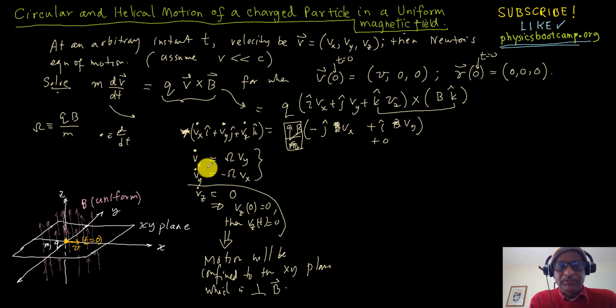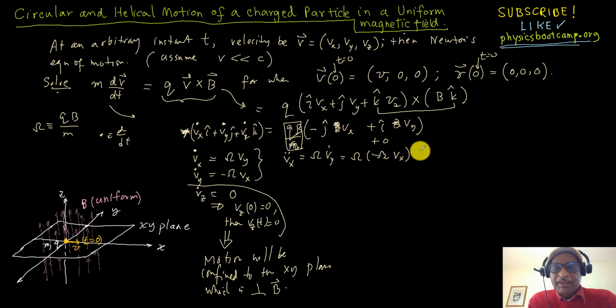Say I take a time derivative of this. So I get vx double dot equals minus omega vy dot, and then I can use this guy, vy dot, omega vx, and so this is minus omega square vx. So vx double dot is like that.